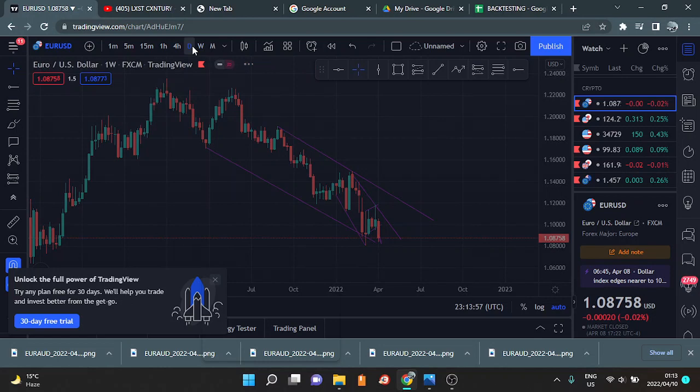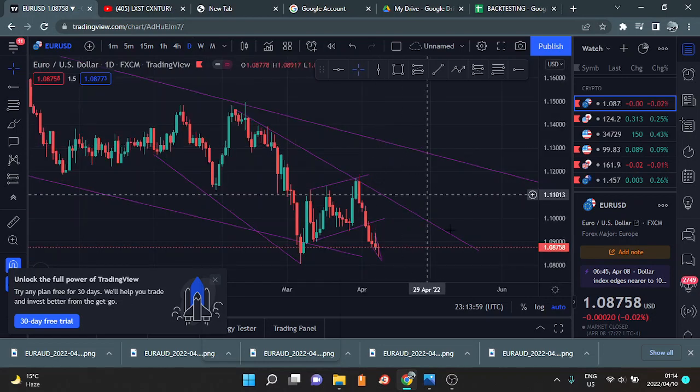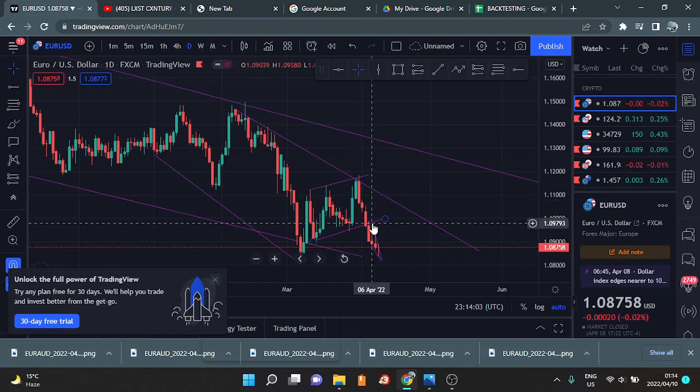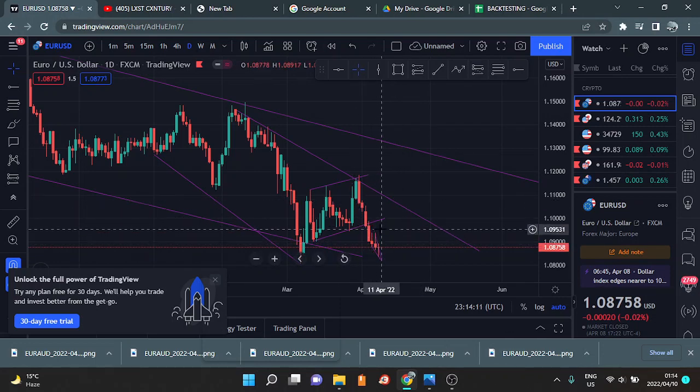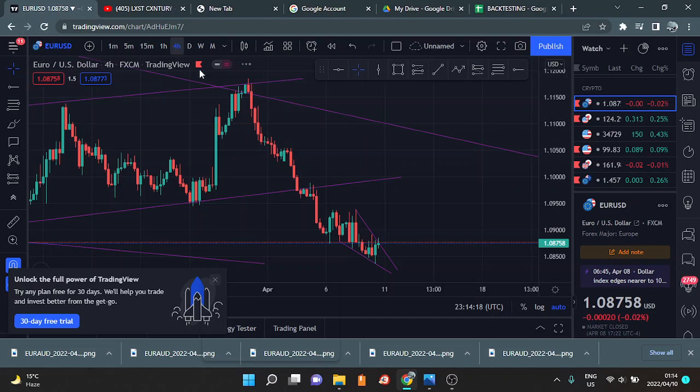Moving on to daily. On daily, as you can see, the market has broken out of structure, then it shows more momentum to the downside. So we are hoping only to scale in trades when we get a perfect entry to the downside on a lower time frame. Moving on to 4-hour time frame.